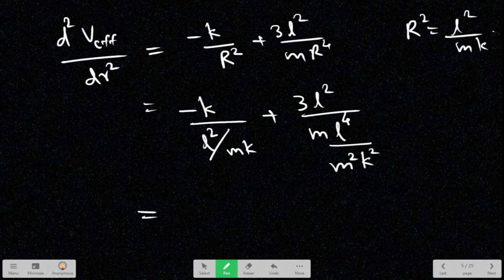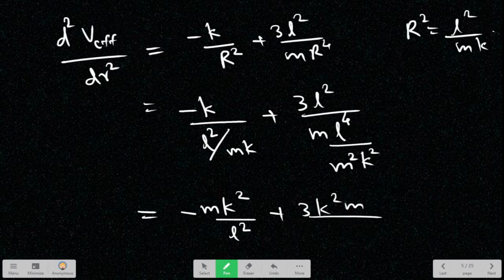So this is equal to minus mk square divided by L square plus 3k square m divided by L square. So this is equal to 2mk square by L square.